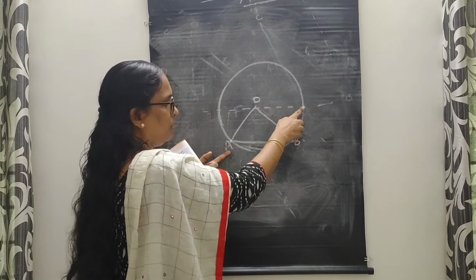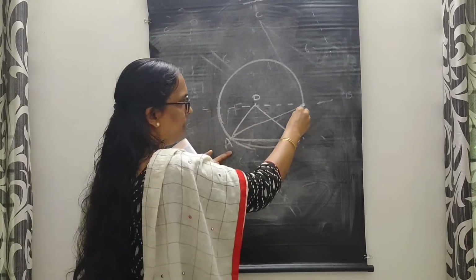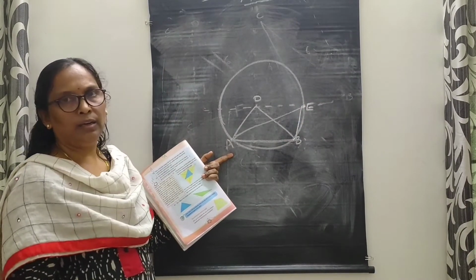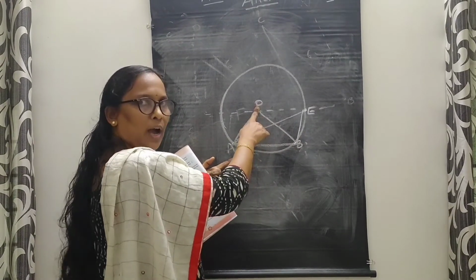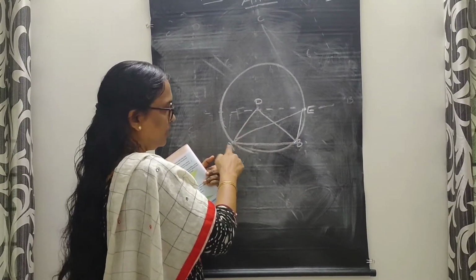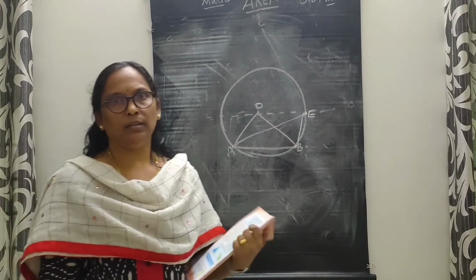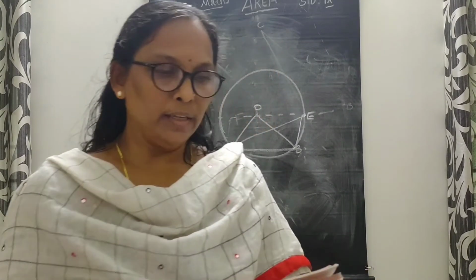It is again on the circle. Now join these. We get a triangle ABE, same area as that of triangle ABO, and the three vertices A, B and E are on the circle. This is the third question. You have to do it in your notebook. And the next question.